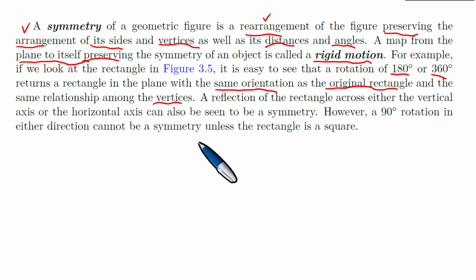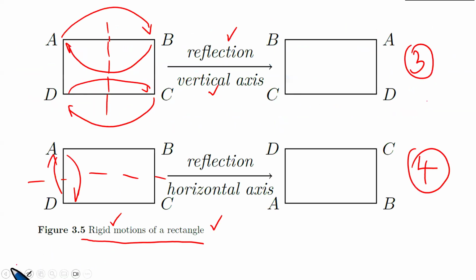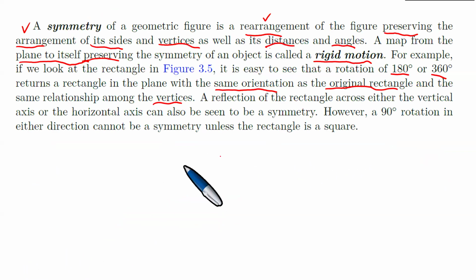What does it mean, same relationship among the vertices? We see that the adjacent vertices remain adjacent in the new shape.